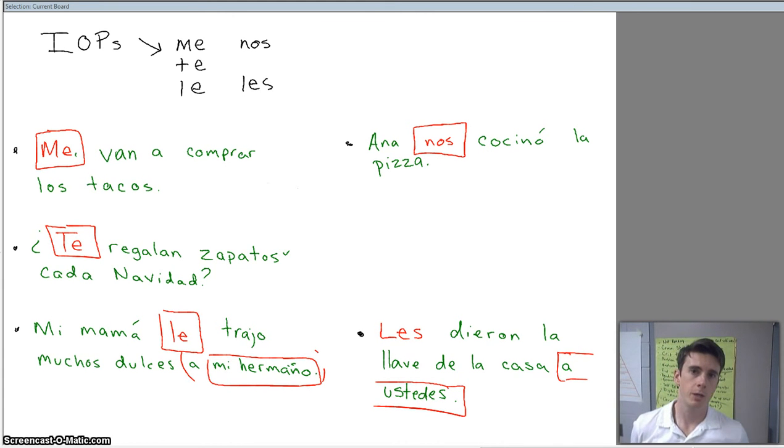Therefore, our IOP is les. Now again, if we already knew who we were talking about, and this wasn't the first time that we mentioned ustedes, we could leave this information off. But it is also absolutely correct to continue to use it. Alright? So I'm going to pause it really quickly so you can jot this stuff down. And then I've got to show you a little trick that takes place with the IOPs.